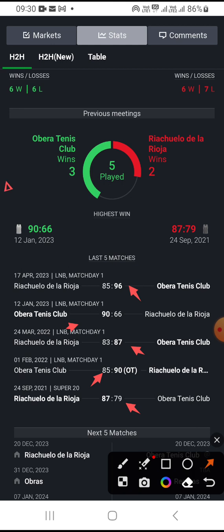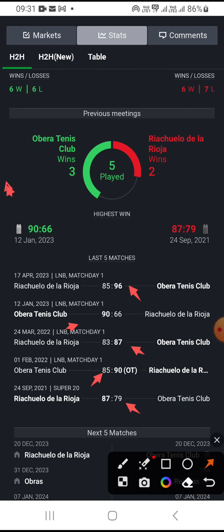So what you do is you say 96 plus 90 plus 87 plus 85 plus 79 will give you 437. Then you have to divide it by 5. Dividing by 5 will give you 87.4.